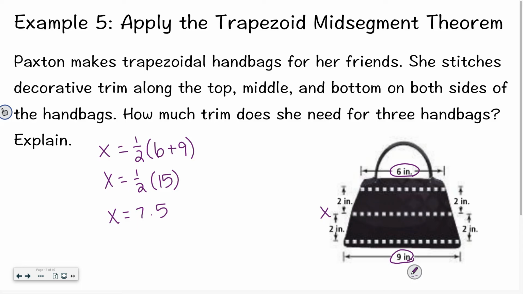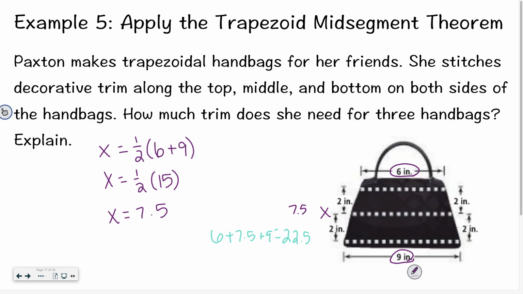Then, since I know that this is 7.5, I want to figure out how much trim she needs for the handbag. So I have 6 plus 7.5 plus 9, which gives me 22.5. So 22.5 tells me the distance along one side of the handbag.